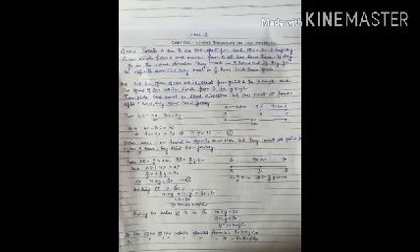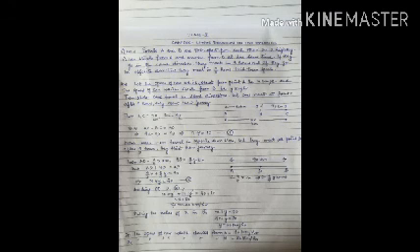Now we have framed two equations from the two different situations. Now adding 1 and 2, we see that y is cancelled out and 2x comes out to be 80, which gives you x is equal to 40. Now put the value of this x in equation number 2, because that is easier.